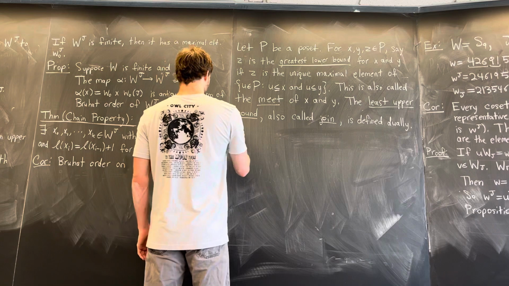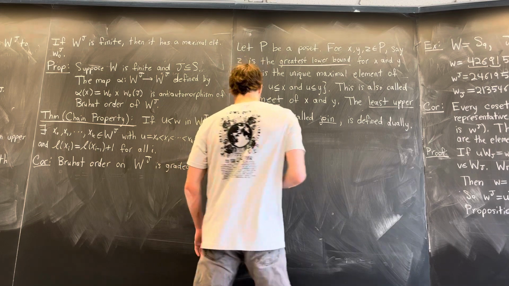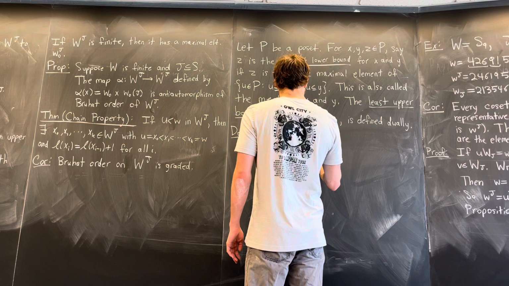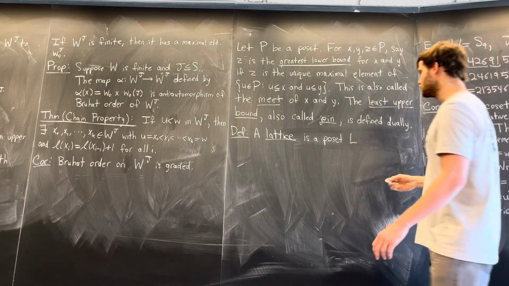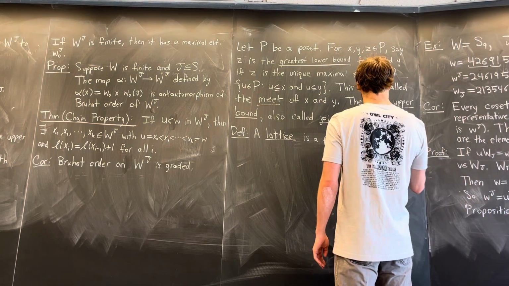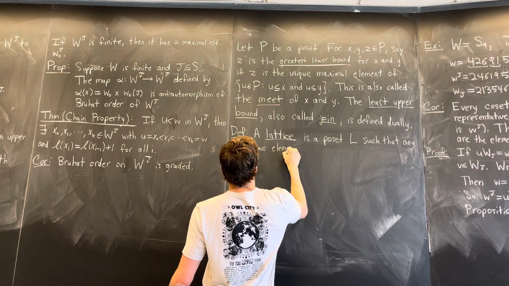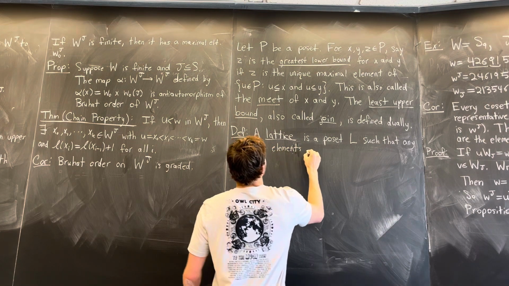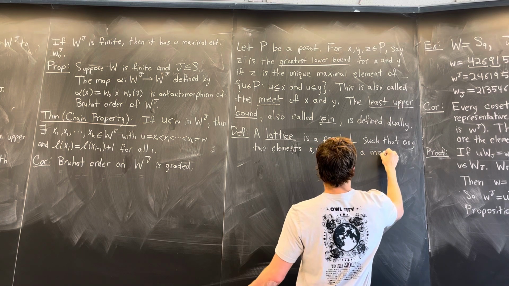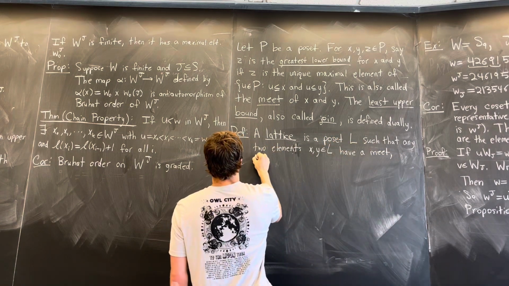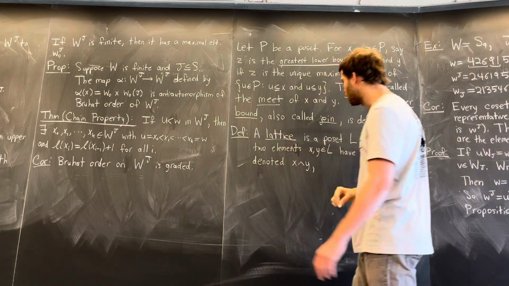Okay, so here's a definition. A lattice is a poset L such that any two elements x and y in L have a meet, and the meet is denoted by this wedge symbol, x meet y.